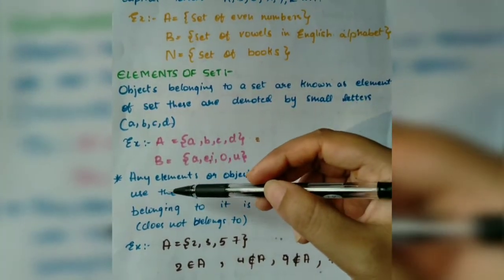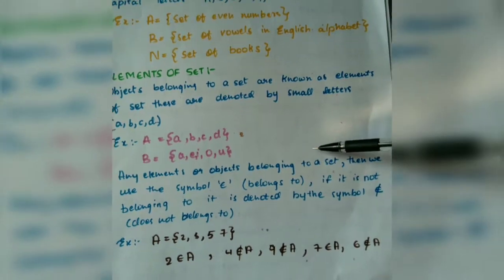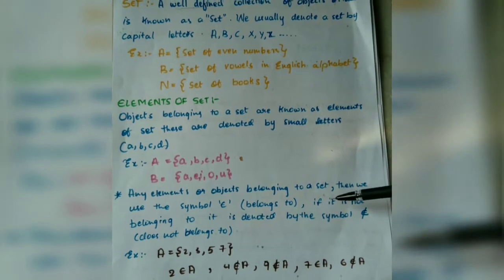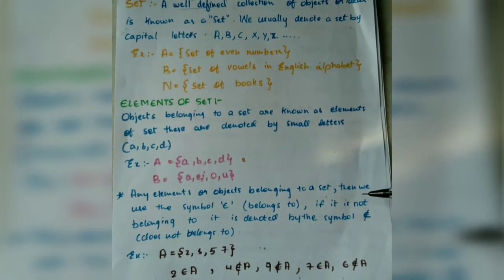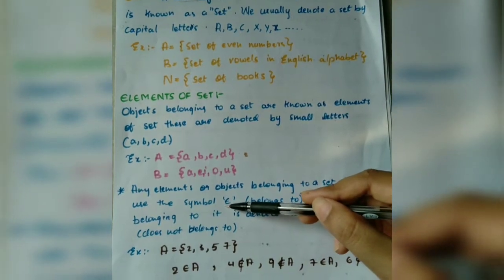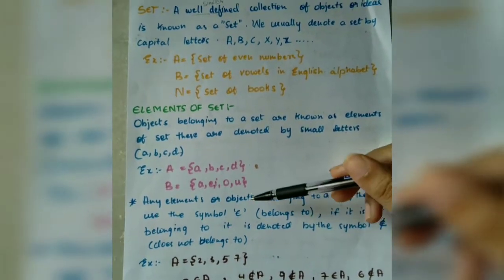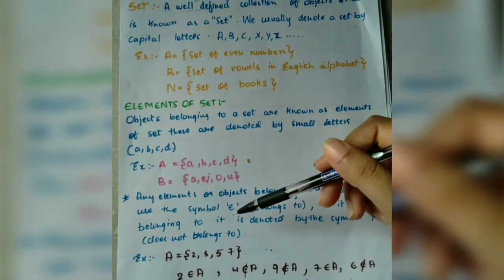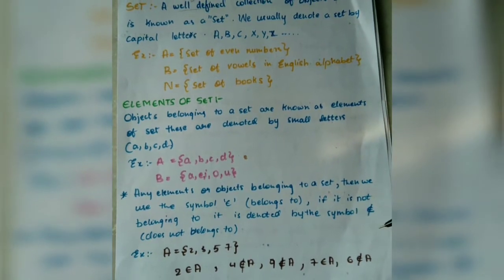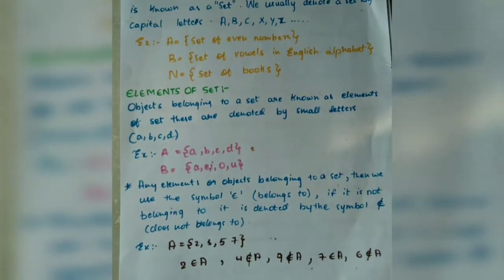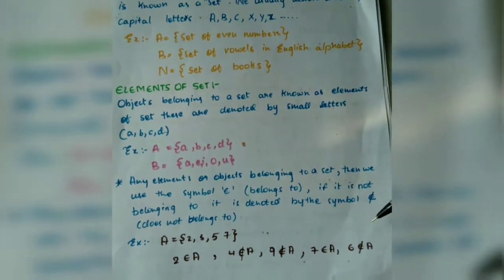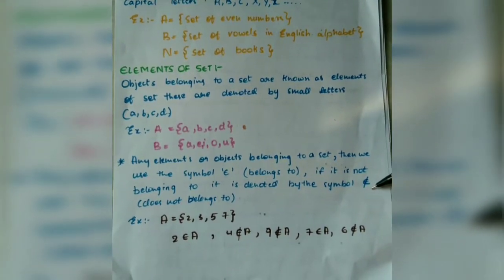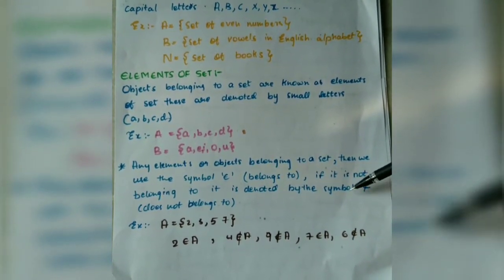Then the next is, when any element or object belongs to a set, we use the symbol belongs to. This is the symbol belongs to. If it does not belong, it is denoted by the symbol not belongs to. I will discuss the symbols in the next class further, and analyze all the symbols there.